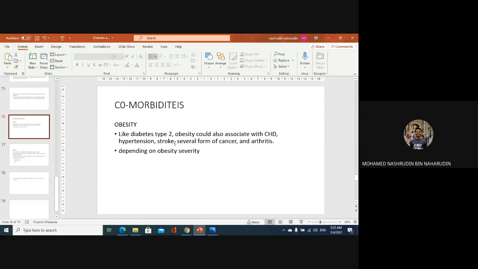Those are also comorbidities of obesity, along with several forms of cancer, and also arthritis, because heavy body weight could lead to problems in their knee joints and ankle joints. So you have to keep in mind when you prescribe exercise to this population, these are the comorbidities, and of course it depends on the severity of obesity of your patient.